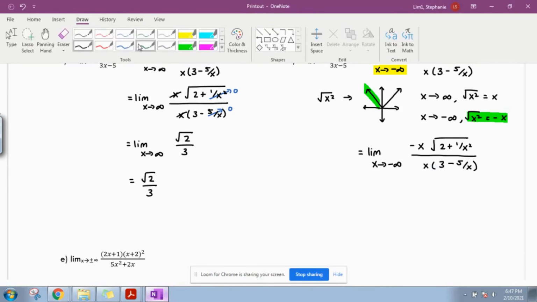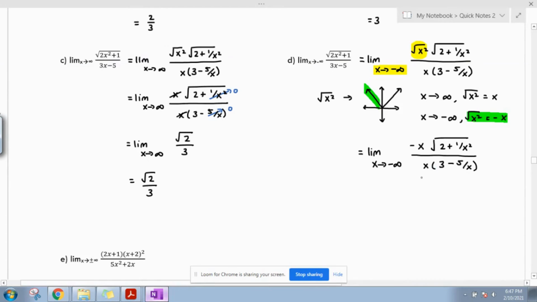Now the same thing holds here. Technically speaking, if you have negative infinity, that's a number like negative 1,000, negative 1,000,000. 1 over the square of negative 1,000,000 is going to head to 0. Same thing with 5 over x. You put 5 over a really, really small number, for negative sake, let's say 5 over negative 1,000,000.